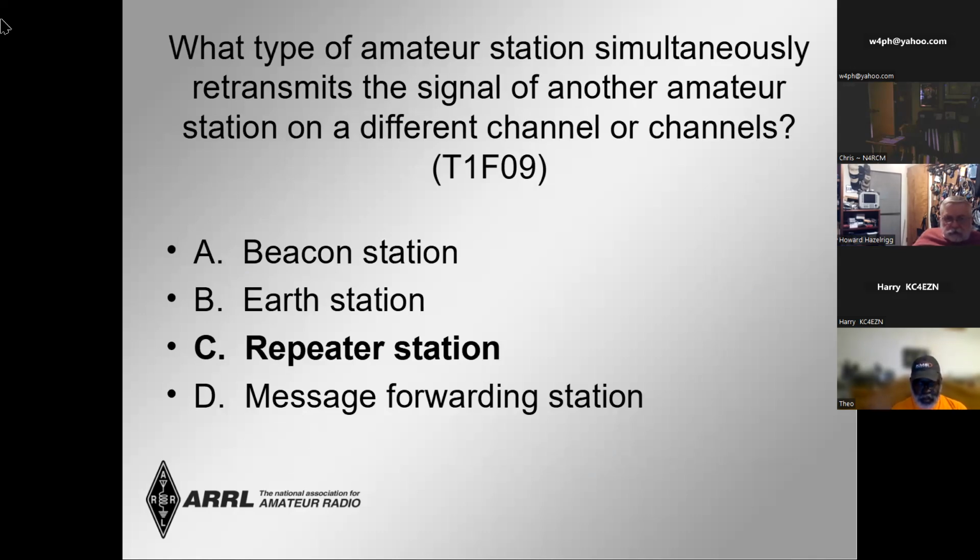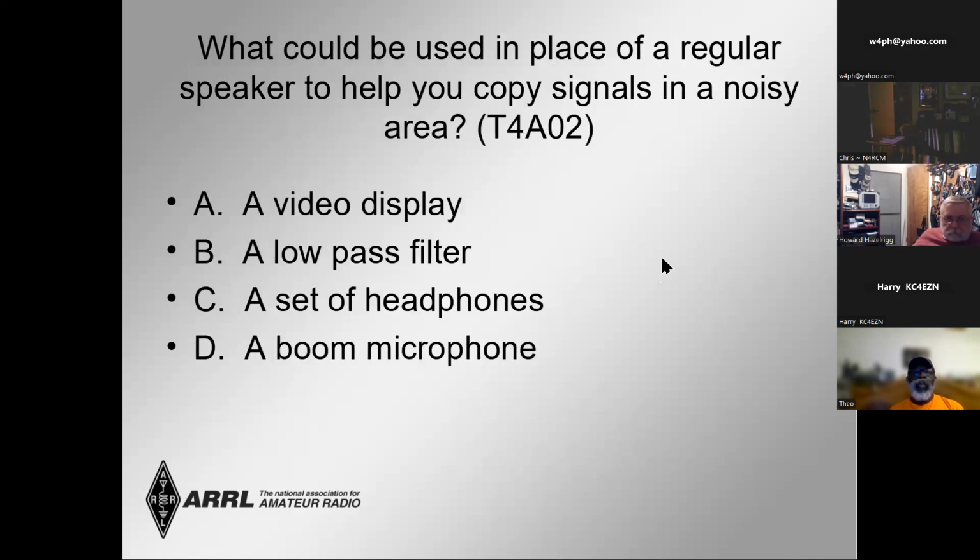What type of amateur station simultaneously retransmits a signal of another amateur station on a different channel or channels? And it's C, the repeater station. What could be used in place of a regular speaker to help you copy signals in a noisy area?